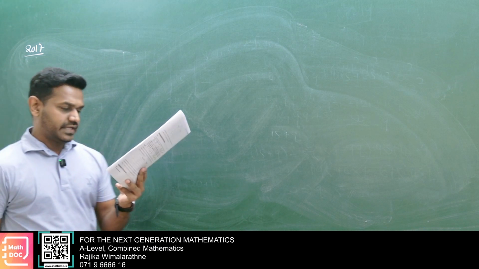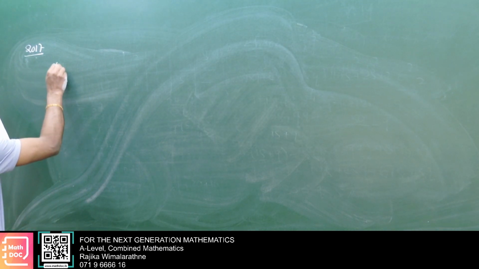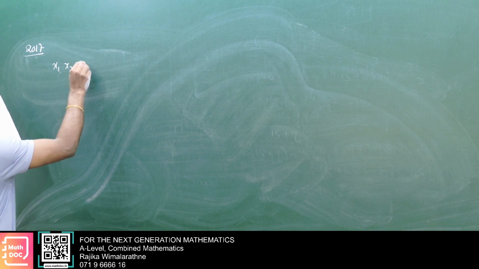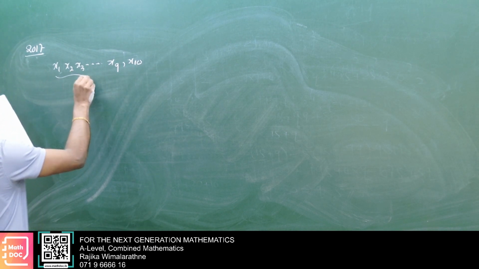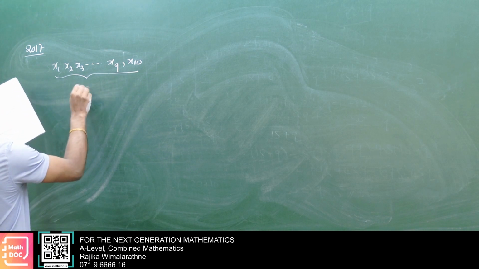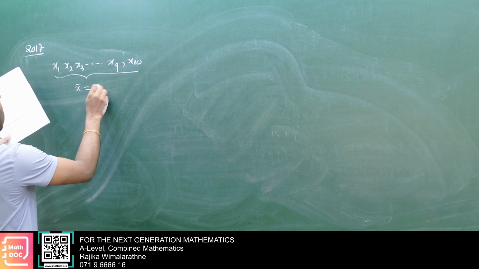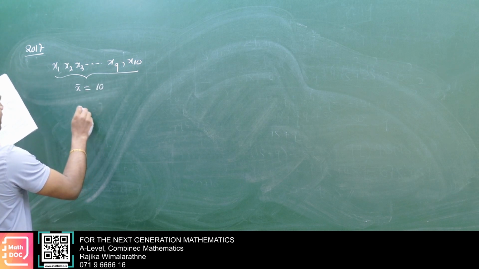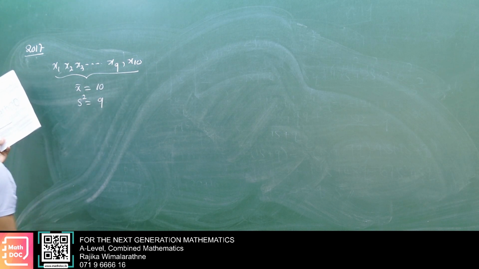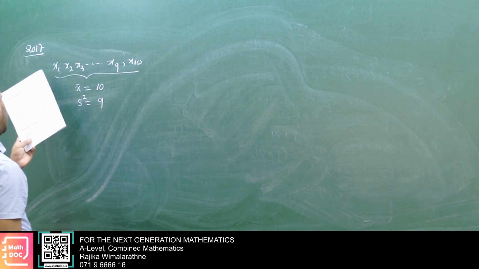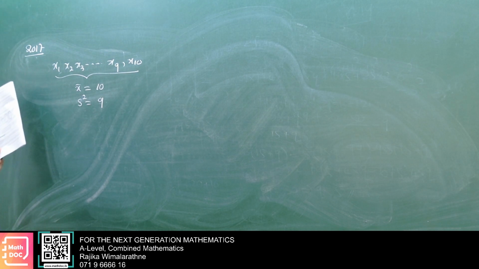The mean and variance of 10 numbers x1, x2, x3 up to x9, x10: mean 10, variance 9. It is given that the mean of the 9 numbers which remain after omitting the number x10 is also 10.